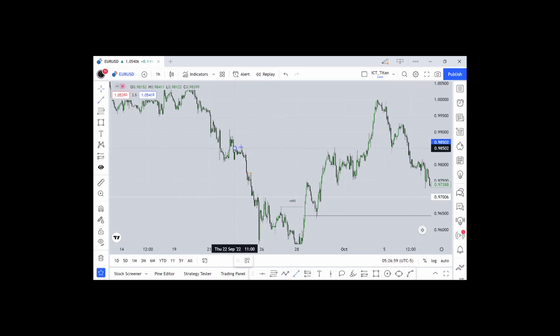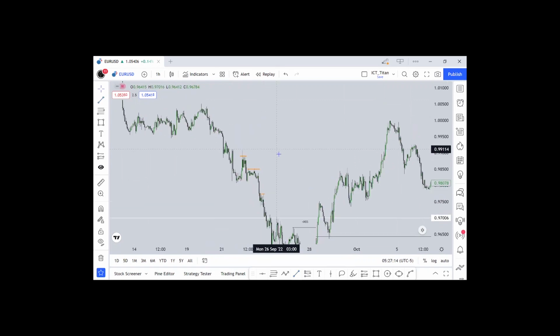This particular area, what rests here is buy side liquidity. This particular point, buy side liquidity.